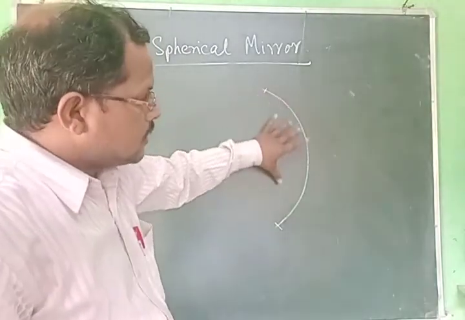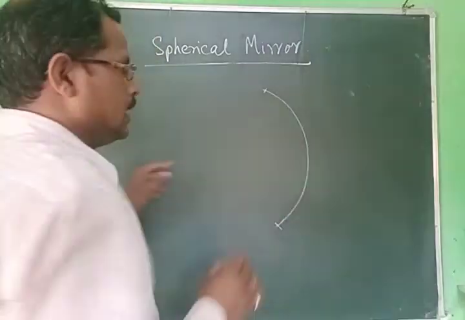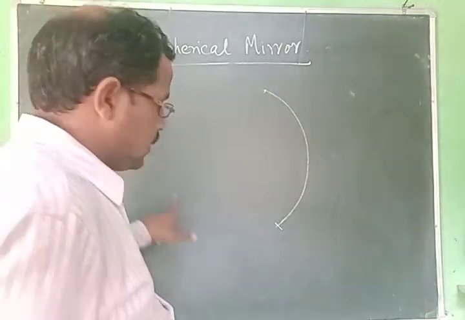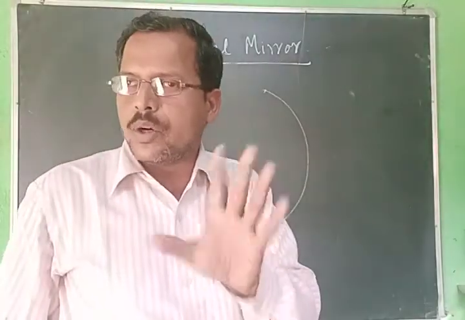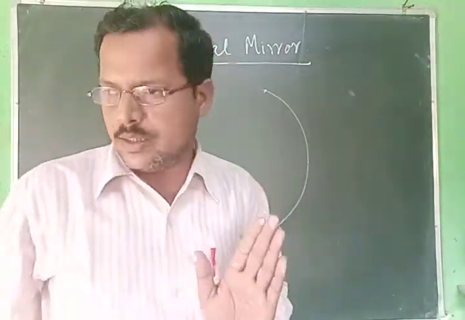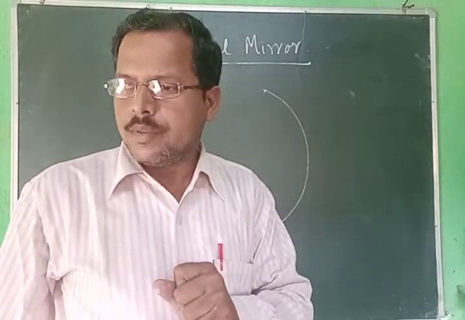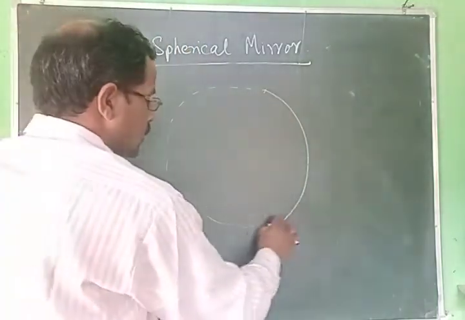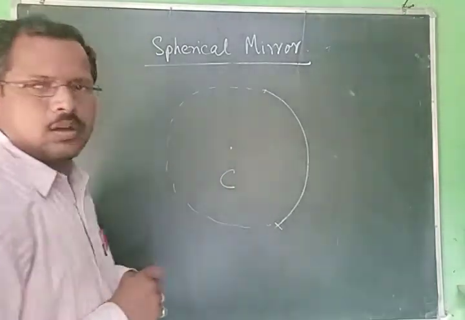If we mark the center of this circular region, or sphere, as I said, the concave mirror is a part of a hollow sphere, and if we take the center of that particular sphere from which the concave part is taken, then we say that point is the center of curvature. So if we take the circular path like this, then here it will be the center, and it is known as the center of curvature.